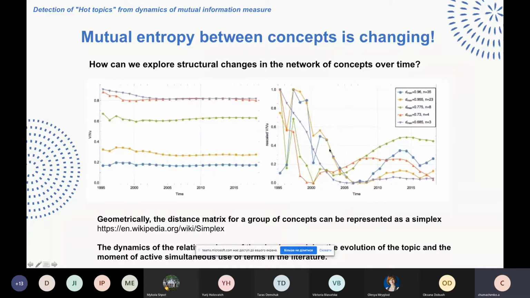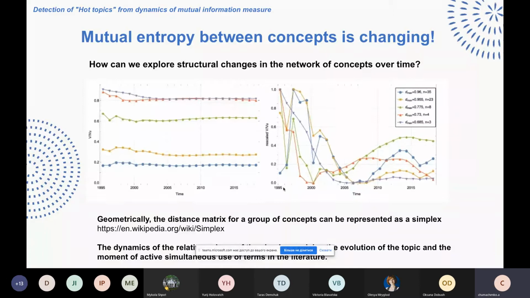Here we show all these time series scaled to a unit, and we can see that, for example, for neutrino oscillations near 2000 or near 2007, for a particular group of concepts closely related to neutrino oscillations, we have some shrinking of the volume of this simplex. So it can be an indication of active discussion going on for a certain group of concepts, physical concepts.